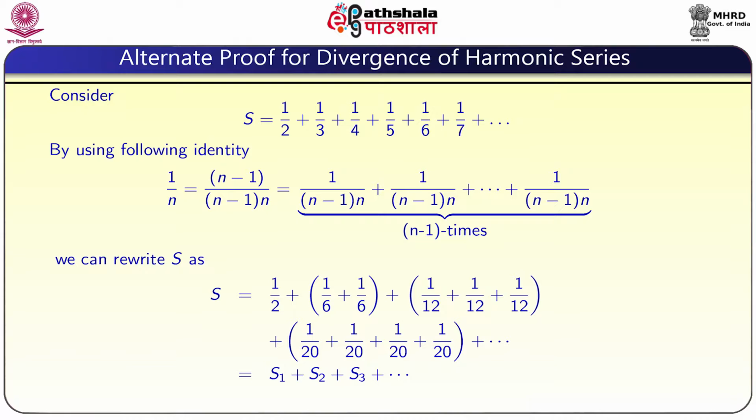That means, I am taking 1 by 2, the first term in each bracket, that means 1 by 2, plus 1 by 6 in the second bracket and 1 by 12 in the third and so on. S2 is equal to 1 by 6 plus 1 by 12 plus 1 by 20 and so on. S3 starts from 1 by 12 plus 1 by 20 and so on. So, this S1 plus S2 plus S3 and so on, we have an infinite number of terms. First term is S1, second term is S2, third term is S3 and so on.